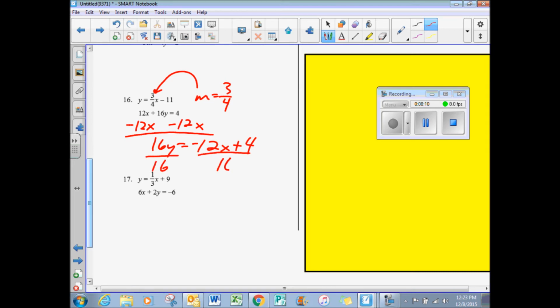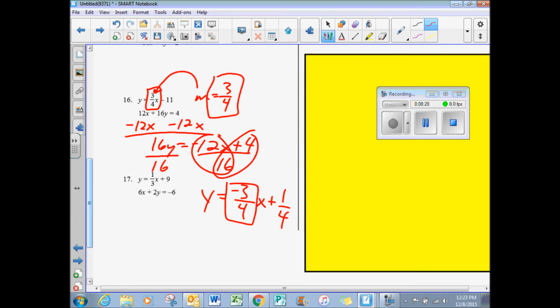And again, I have to do both divided by 16. And I get y equals negative 3/4 x plus 1/4. Are those opposite reciprocals? Is that an opposite reciprocal of that? No. Or this? Nope, they're opposite, but they're not reciprocal. So don't get fooled. That's a neither. Okay?